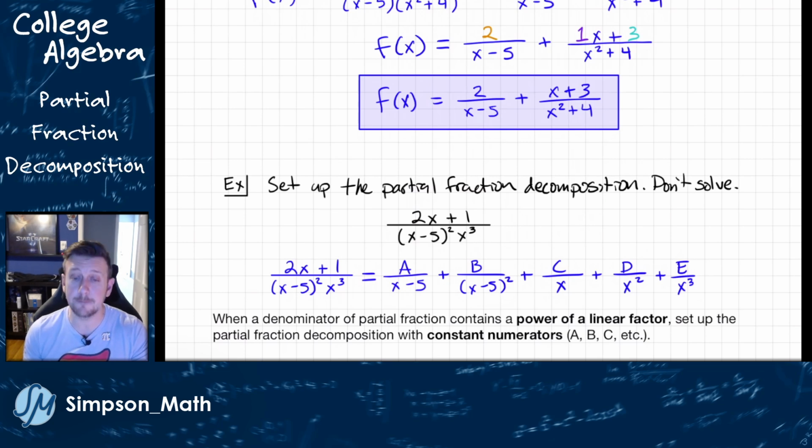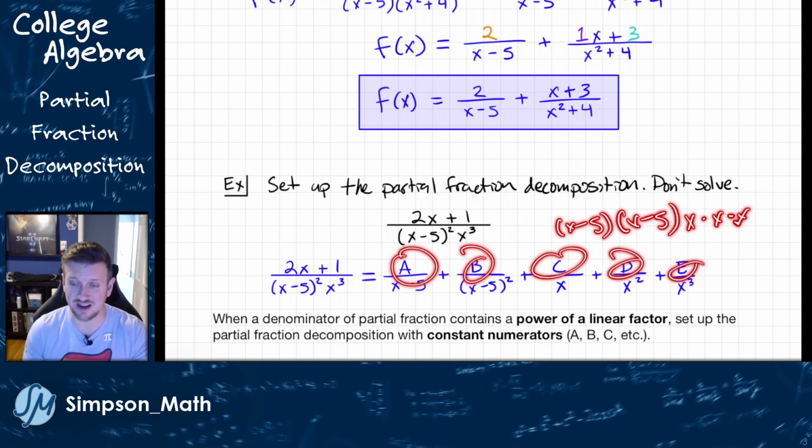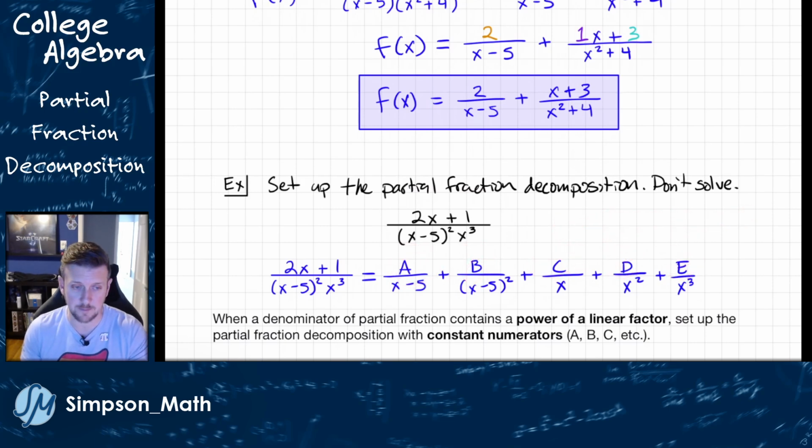And then every one of these factors are base linear factors. So this is x minus 5 times x minus 5 times x times x times x, if I was to write it out without the exponents. So notice those are all 5 linear factors. Since they're all linear factors, my numerators are just going to be constants, 1 degree smaller.